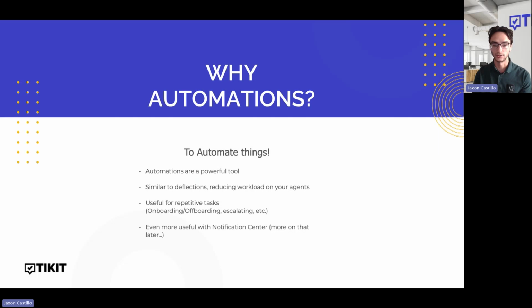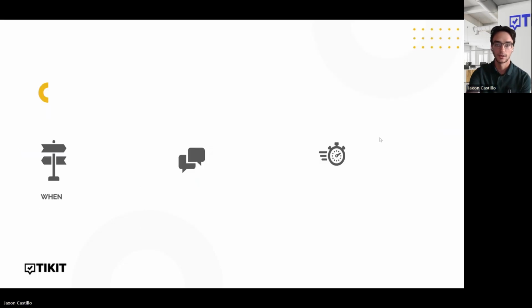And automations are really good for repetitive tasks like escalating, doing change requests, anything pertaining to tickets. Like if you want to create a ticket or modify a ticket, that's what automations are used for. And as some of you may have seen already, they're really useful when you interact with Notification Center specifically. But we'll talk a little bit more about that later. That's another session. I just wanted to highlight that a little bit to start with.